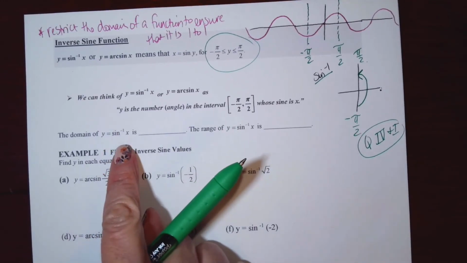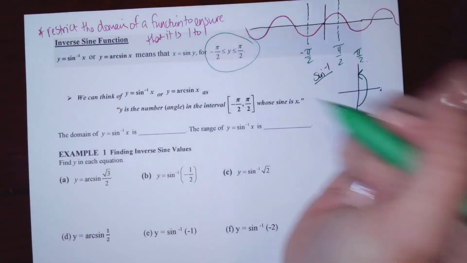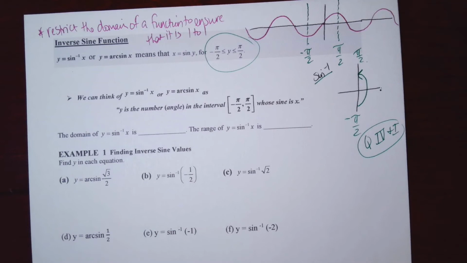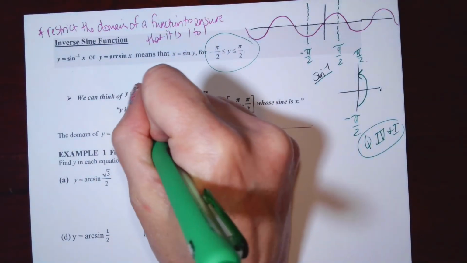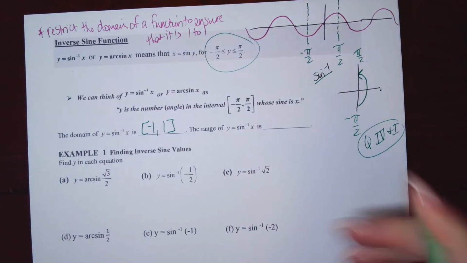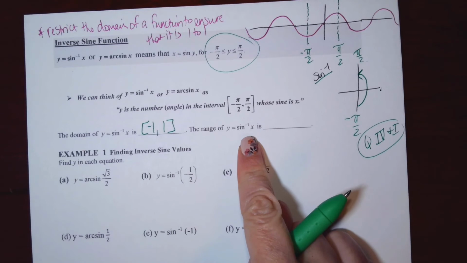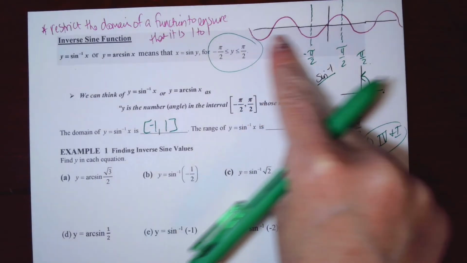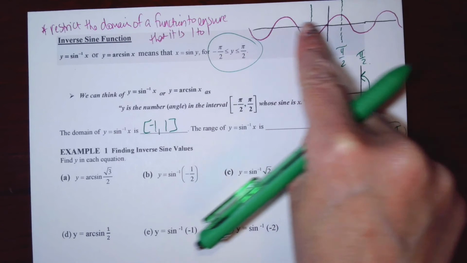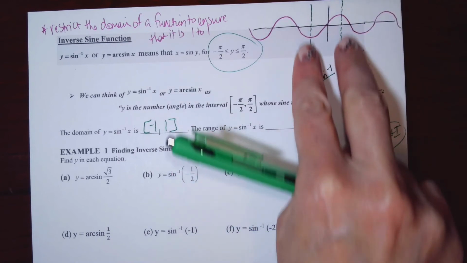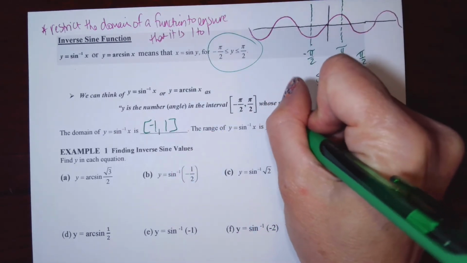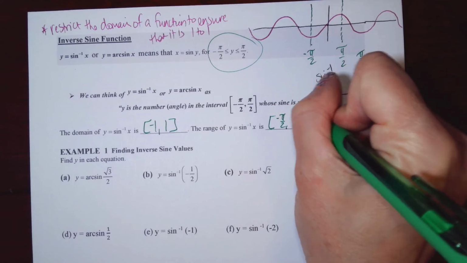The domain of the inverse is the range of that original function, so it's from negative 1 to 1. And the range of the inverse is the domain of the original function, which was negative infinity to positive infinity, but we agreed to restrict from negative pi half to positive pi half.